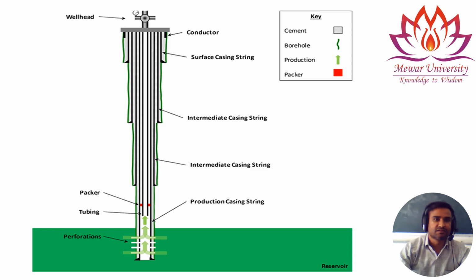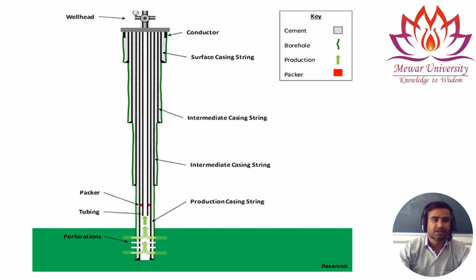This is for cement. Outside of every casing you can see cement. Cement provides a bond between the casing and the formation, so that the casing does not move. The casing should be stable, and this is the borehole, and this is the packer.